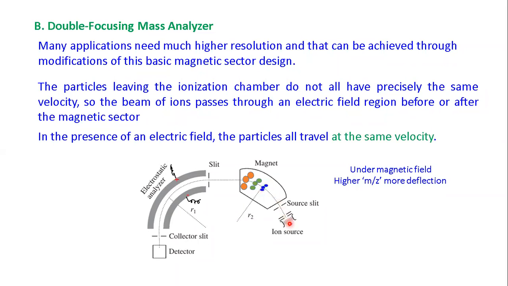Now, in the magnetic sector, what can happen? The ions which have higher momentum will move faster. Okay. Now, what we see here, it is represented by this color, the bigger one. So it is moving faster.